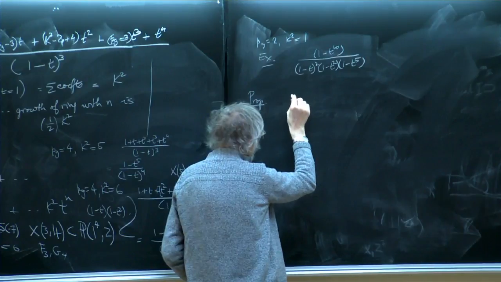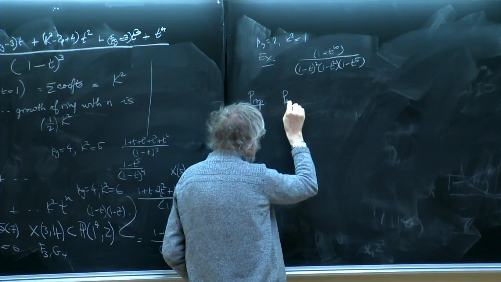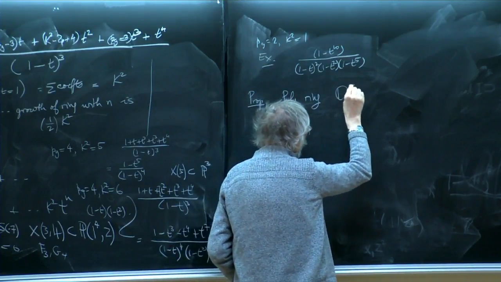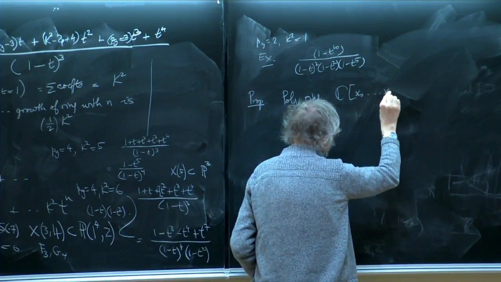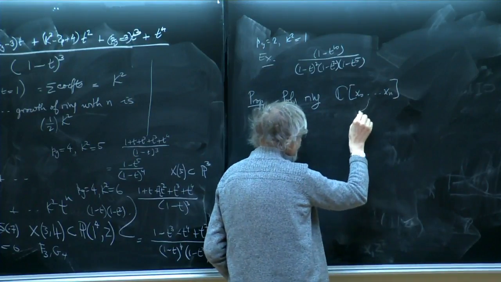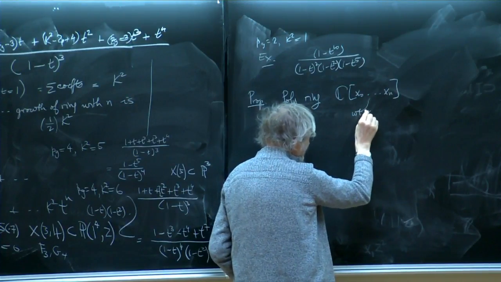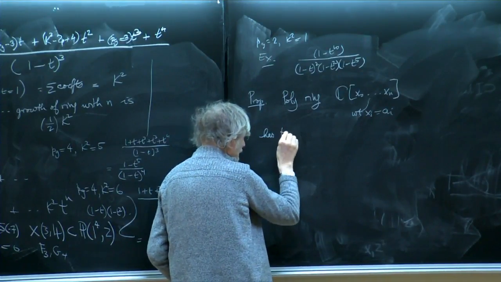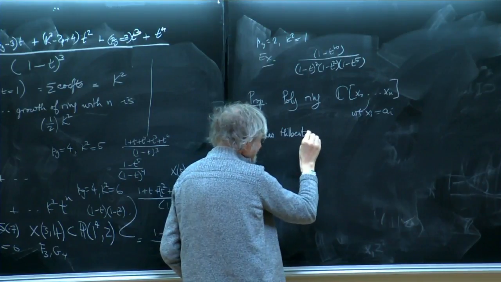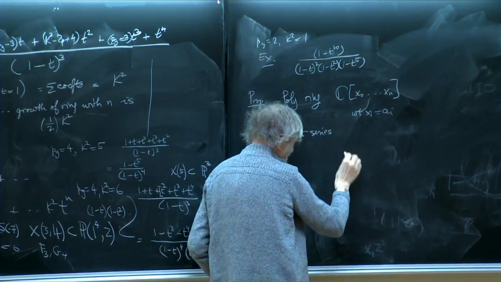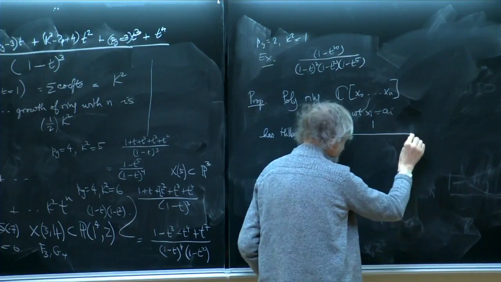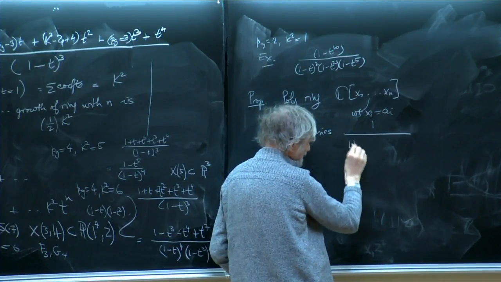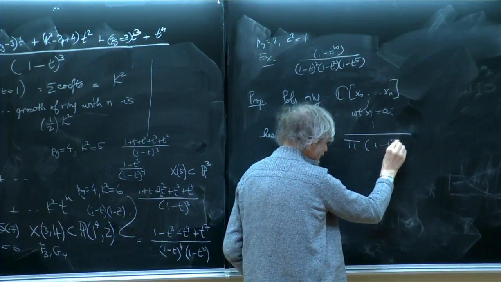If the polynomial ring C[x0, ..., xn], where these have weight xi equals ai, has Hilbert series one divided by the product of 1 minus t to the ai.